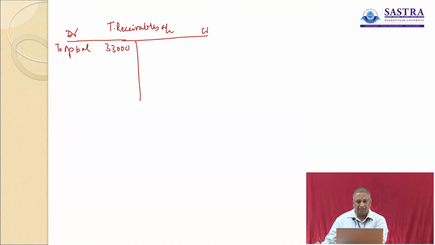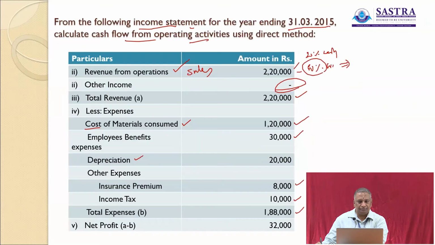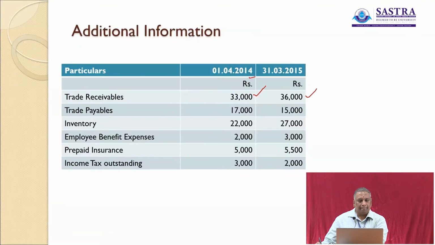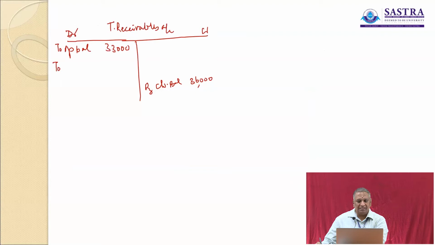Receivables is given as rupees 33,000, and by closing balance 36,000. I am just entering. And sales is given as rupees 2,20,000. So to credit sales, I am presuming all sales as credit sales.